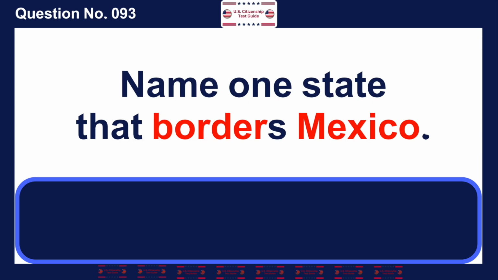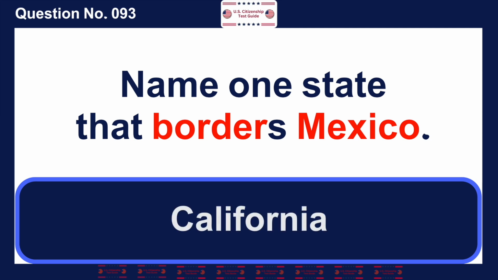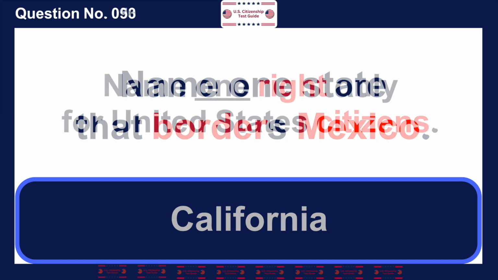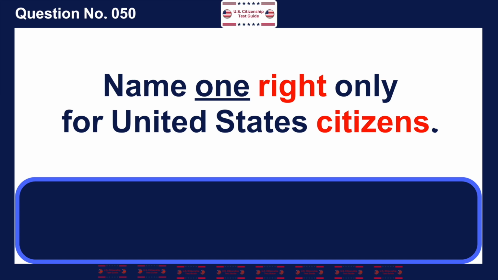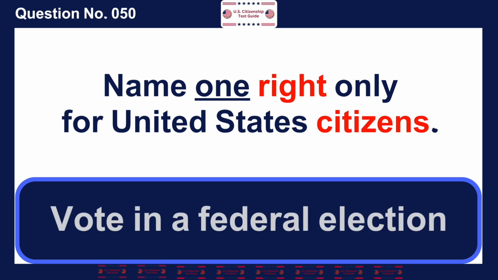Name one state that borders Mexico. California. Name one right only for United States citizens. Vote in a federal election.